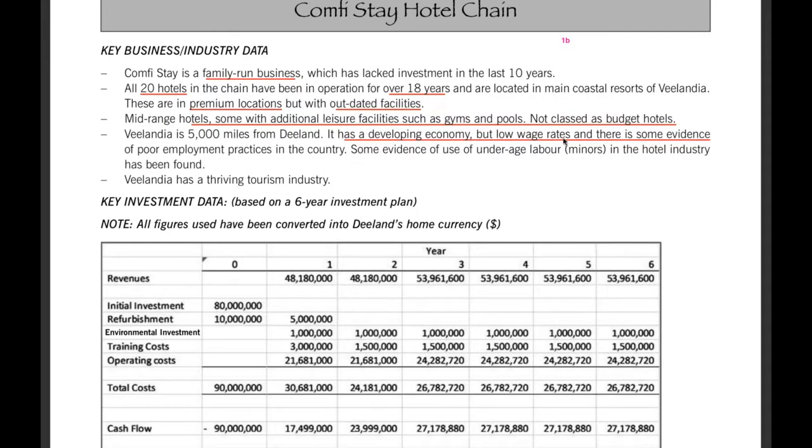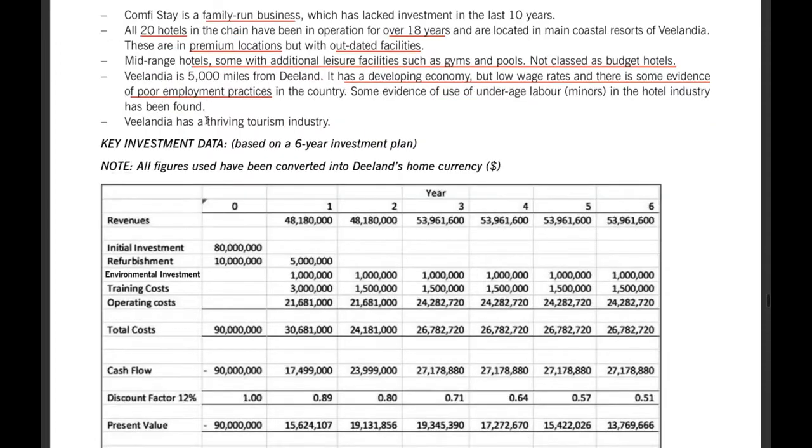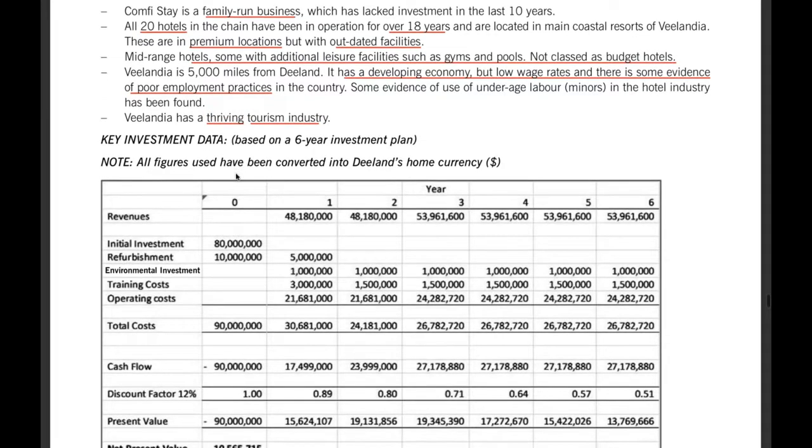Developing with low wages, and there is some evidence of poor employment practice in this particular country. So this is something that you may want to highlight when you do your evaluation. All right. So still the industry is thriving. That means growing. Okay. And then you're preparing this particular 6-year plan.